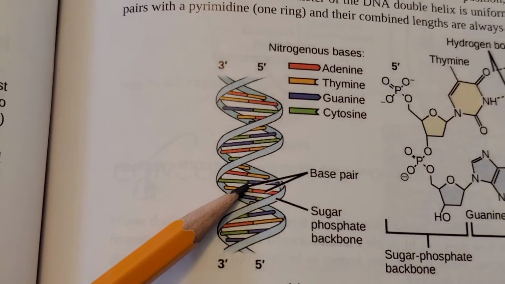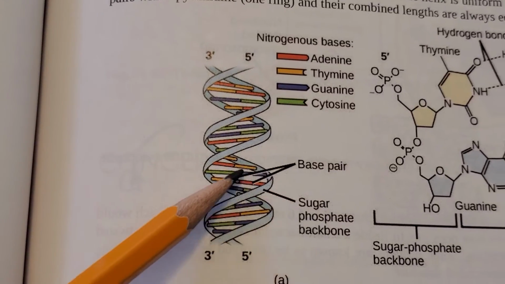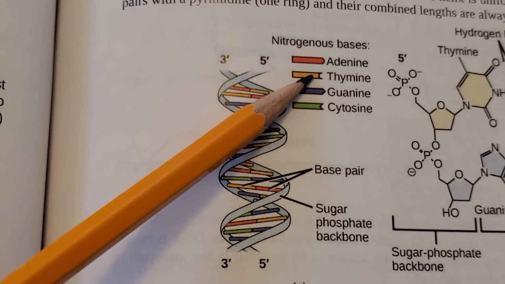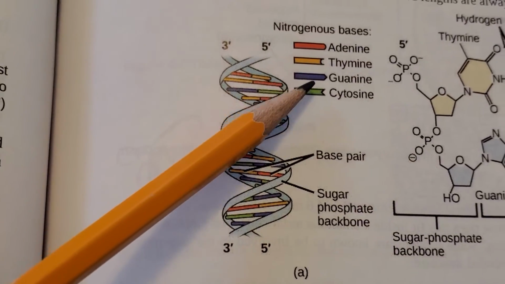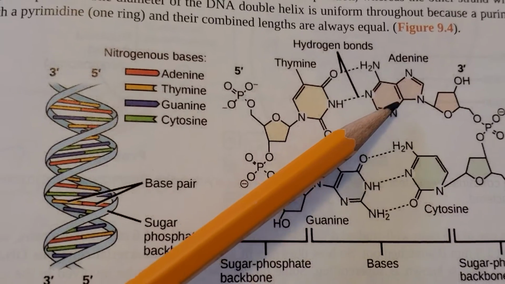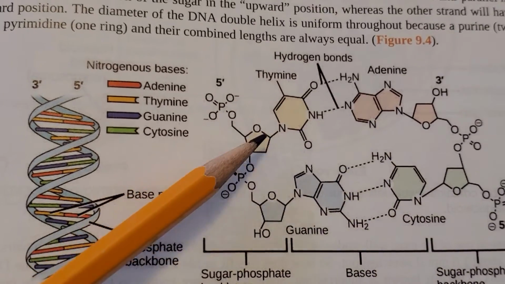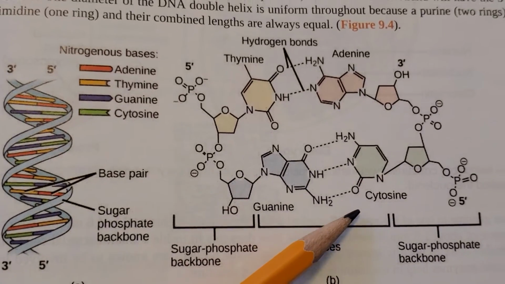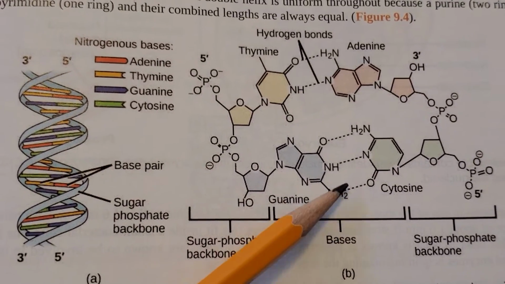And then also we know that here, since there are two different colors in the rungs of the ladder, right, these are the complementary bases, A with T, G with C. And then when we look over here, we see that when adenine and thymine are connected, they are always connected with 2 hydrogen bonds, and C and G with 3 hydrogen bonds.